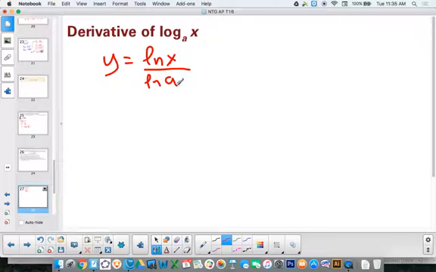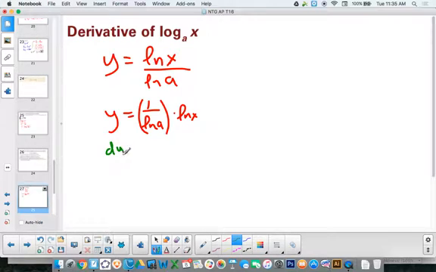Now, because natural log of a is a constant, we don't technically need to use the quotient rule. We can just treat this as 1 over natural log of a, which is a constant, times the natural log of x. When we do our derivative of y with respect to x, we'll do it as a constant multiple, 1 over natural log of a, and the derivative of natural log of x is 1 over x.